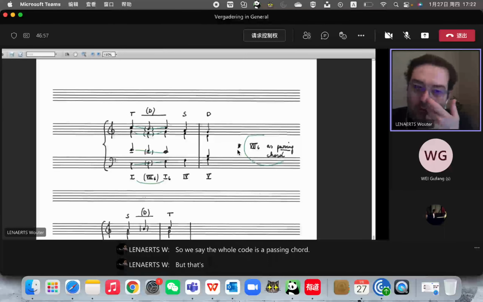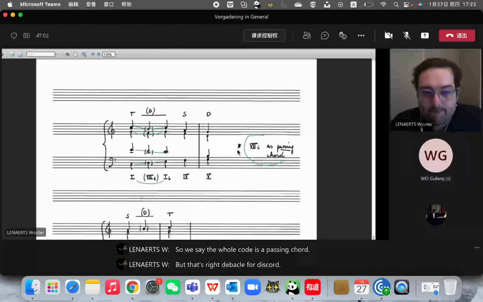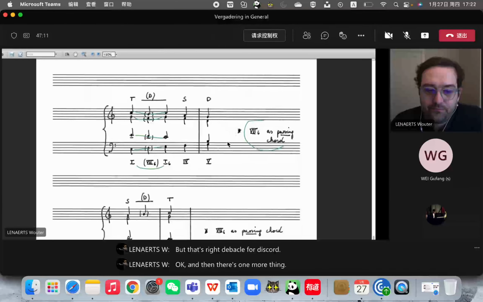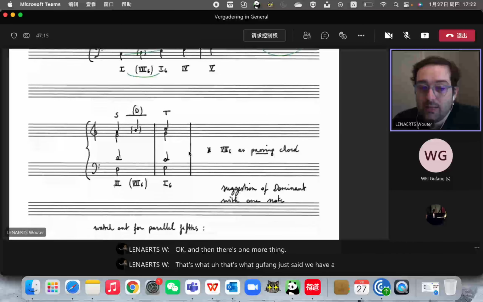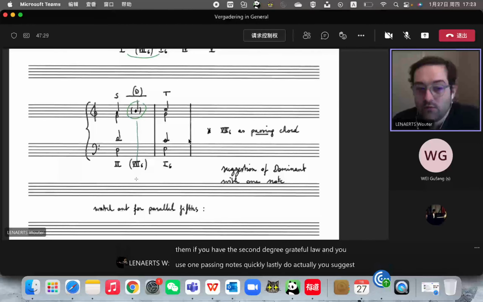We have a chord that looks a bit like the second degree, so we can combine them. For example, Re Re Fa La to Re Re Fa Si, the second degree to the 7th degree in first inversion is very similar, a passing note. It works as a passing chord.